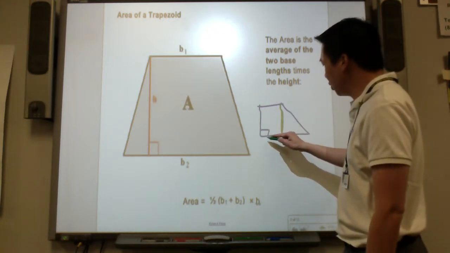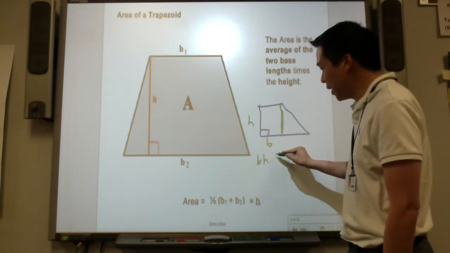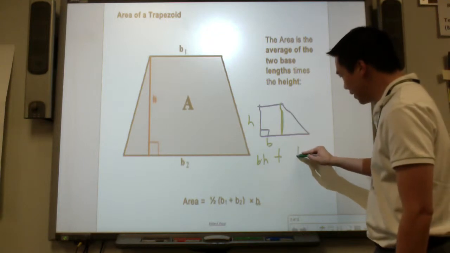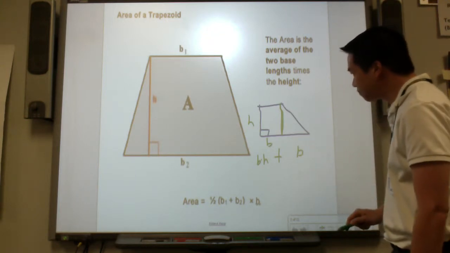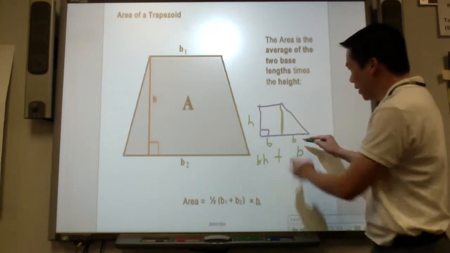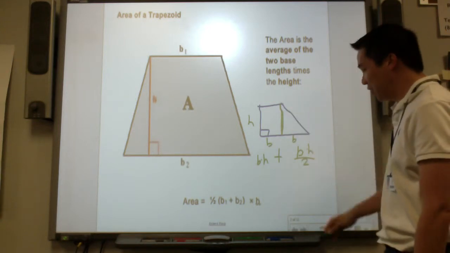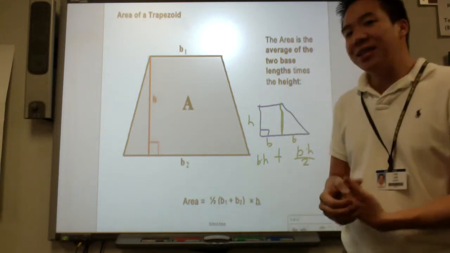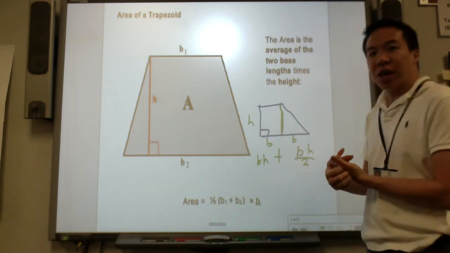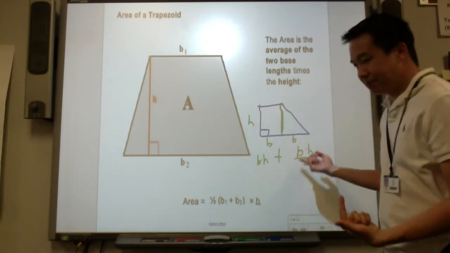So if you knew this base and this height, it is base times height, plus, if you knew this base, this is the base of this one, and then this could be another base right here, times the height and divided by 2, or half of that. So if I wanted to decompose or break down a trapezoid, you can get two types of polygons or shapes out of it, a rectangle and a triangle.